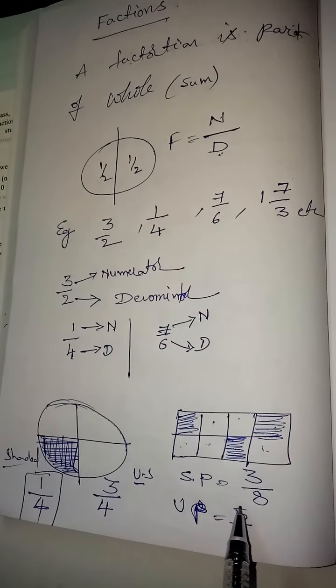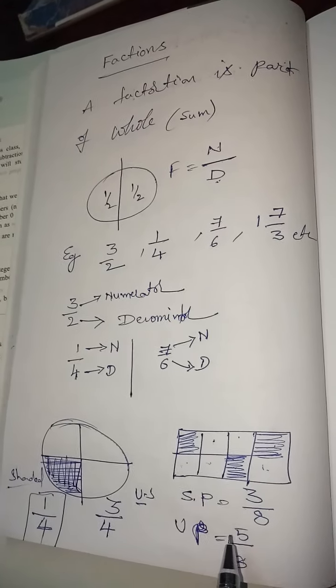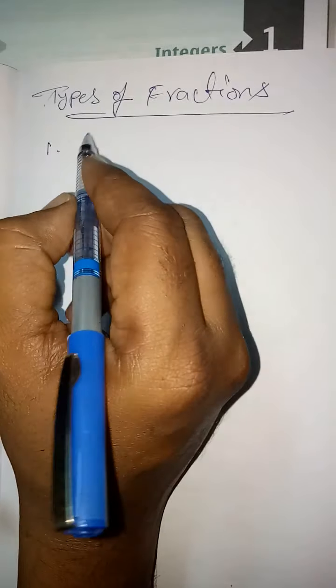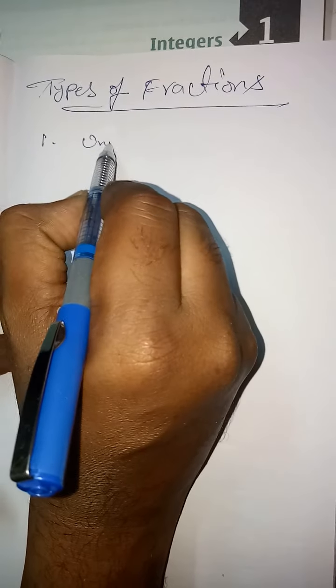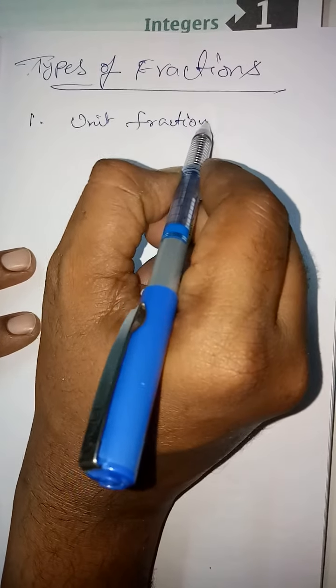These are fractions. Now I am going to explain the types of fractions, which are based on the numerator and denominator. The first type is the unit fraction. What are unit fractions?